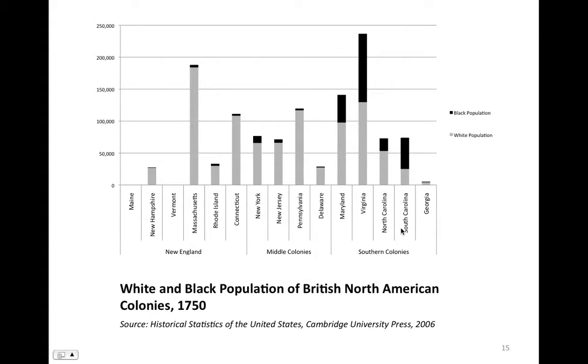In fact, if you look at South Carolina, almost from the very beginning, because so many planters came from the Caribbean to settle there, bringing along with them their money and their enslaved people, South Carolina became almost a majority black colony from the very start.